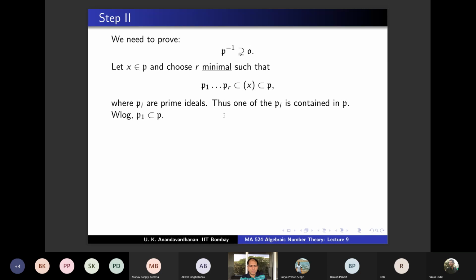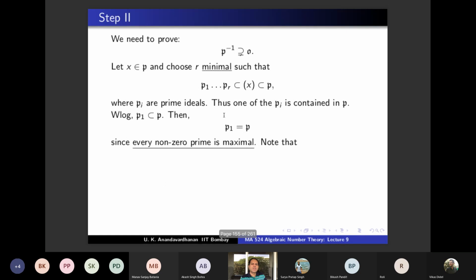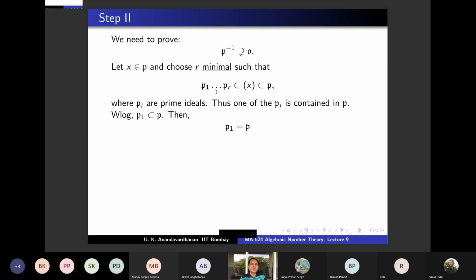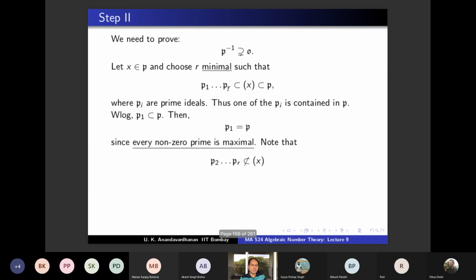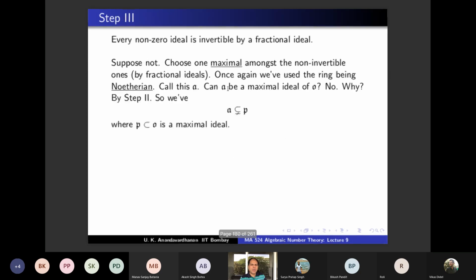And without loss of generality, P1 is contained in P, and therefore P1 equals P because every non-zero prime is maximal. Correct, this is fine. Now I was thinking, why didn't I argue with maximality but with primality? But that was my claim, can be written as a product of primes. This is fine. Perfect.